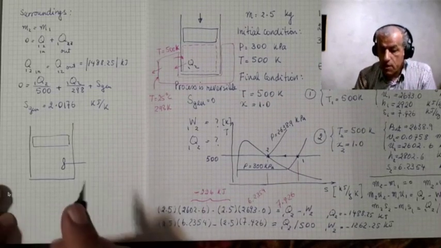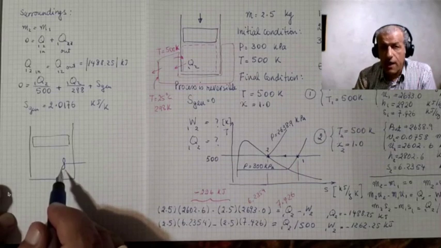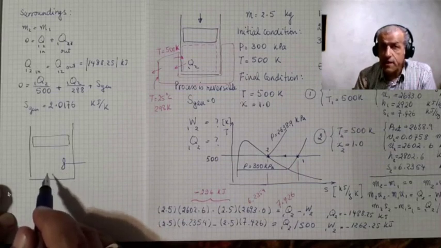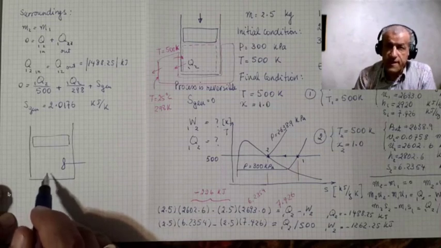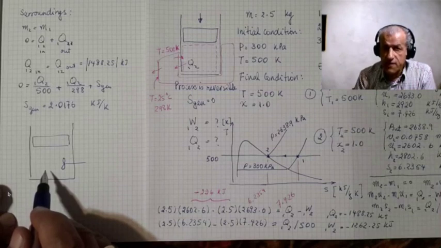Why? Because the propeller has to have some friction with the vapor. If there is no friction, then no work could be conveyed from the propeller to the vapor. There has to be some friction, and that friction generates entropy.